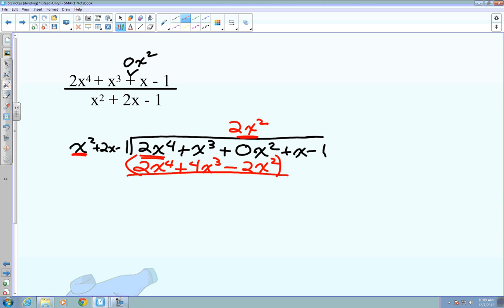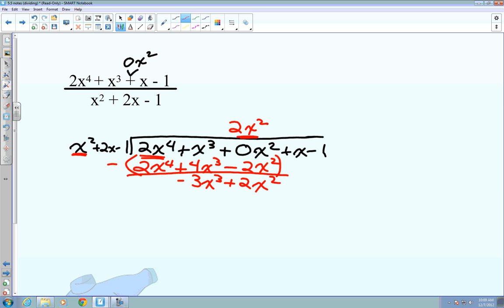Remember that I'm subtracting. 2x to the 4th minus 2x to the 4th is 0. X to the 3rd minus 4x to the 3rd is a minus 3x to the 3rd. 0 minus a minus 2x squared is a plus 2x squared.